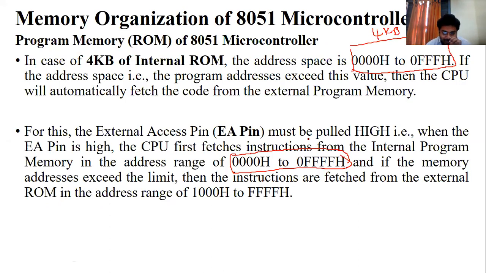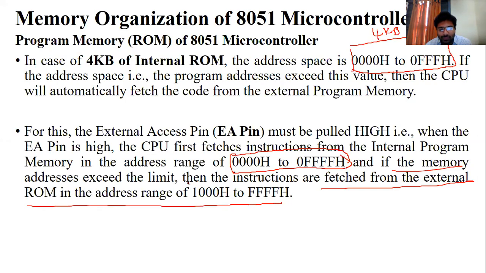But see these words carefully. If the memory address is accessed beyond the limit, then the instructions are fetched from the external ROM. The address range is 1000H to FFFFH.